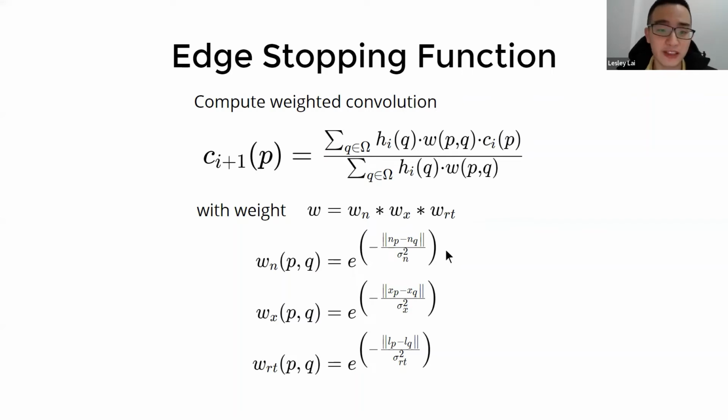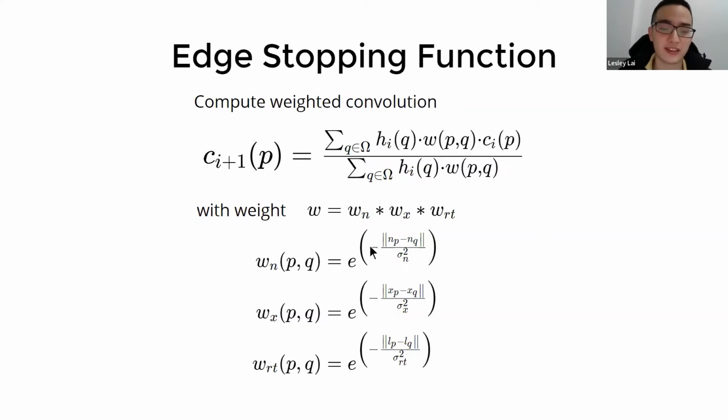So if the normal is close, we will get a weight near 1. But when the normals are further and further apart, the weight will rapidly decay to 0, and we will get no weight at all.